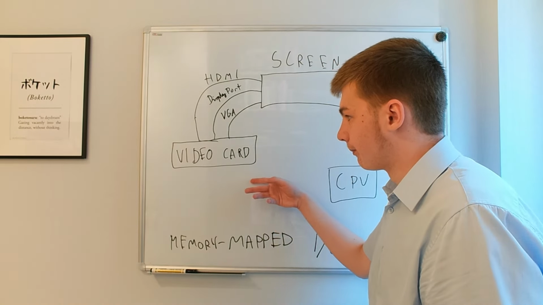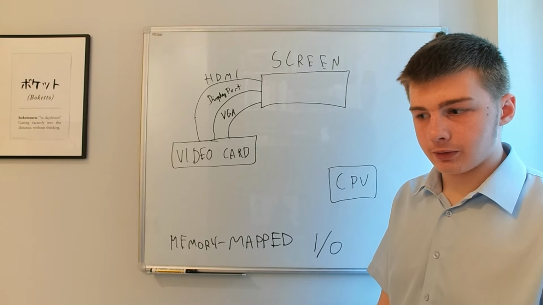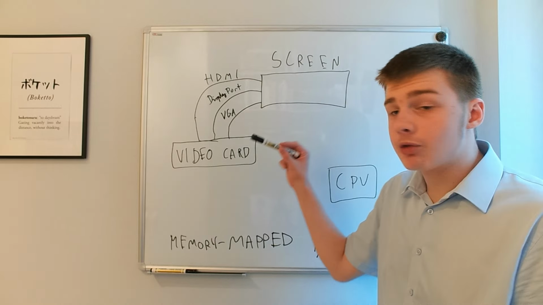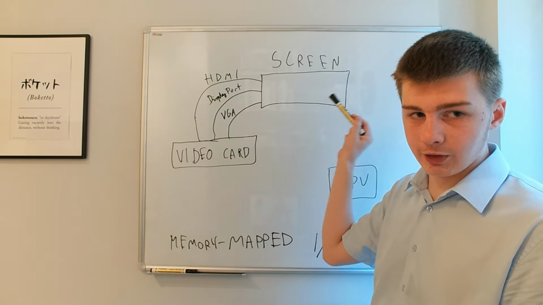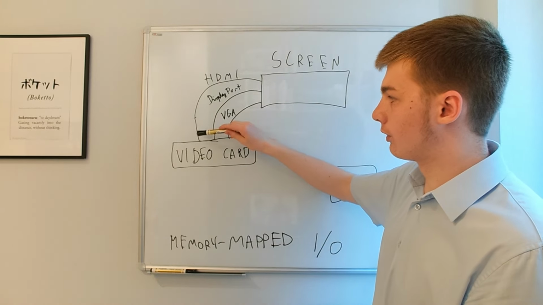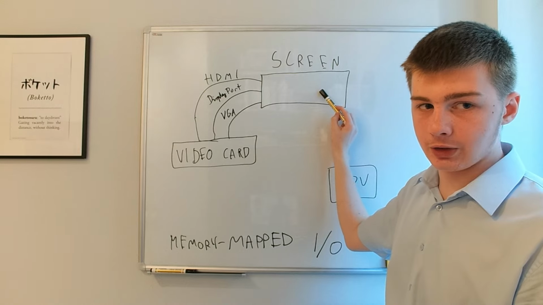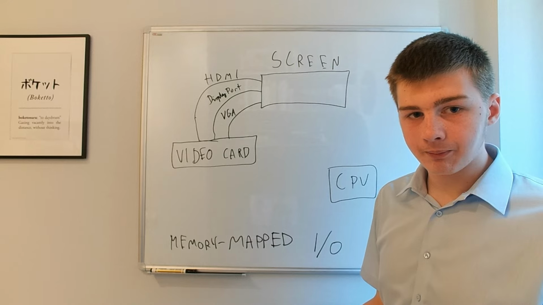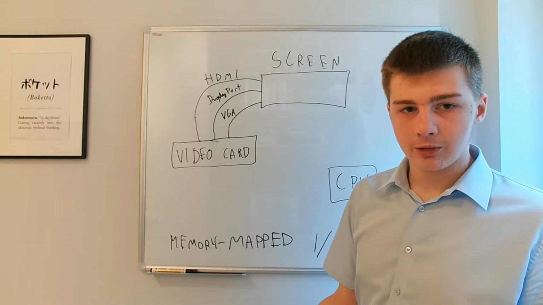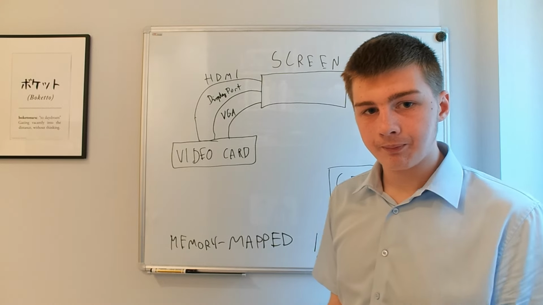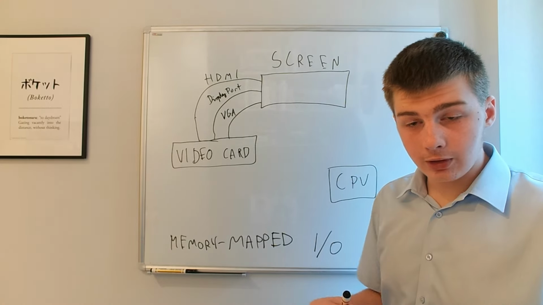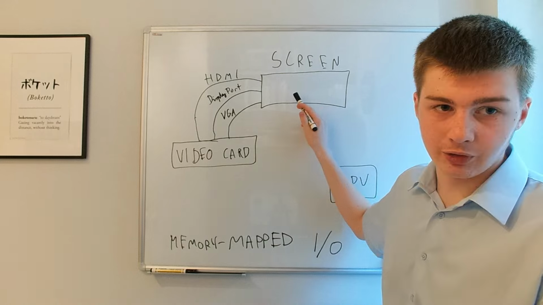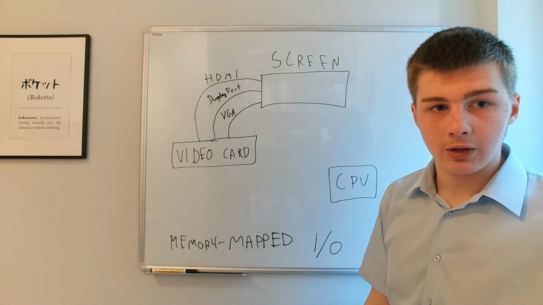Pretty much every video card, realistically, lets you set a mode that describes how graphics data should be interpreted, and then it will be sent through any of the interfaces so that it can be displayed by the screen.